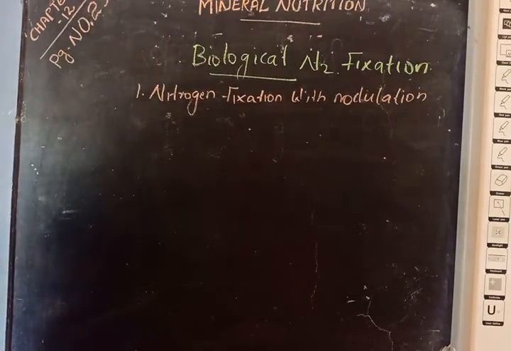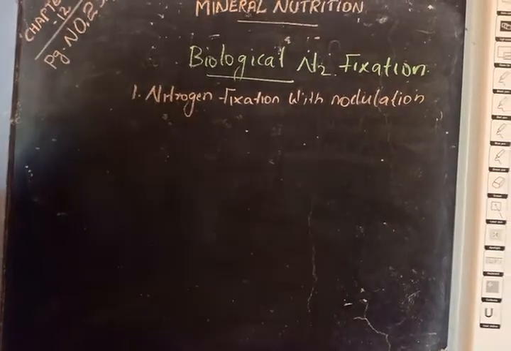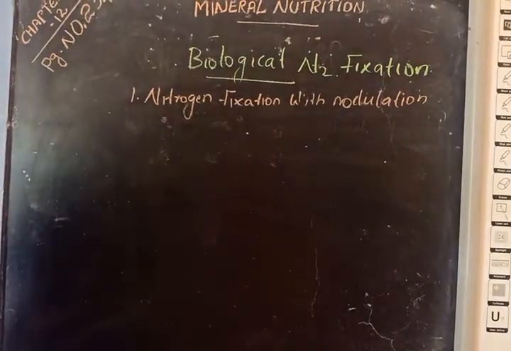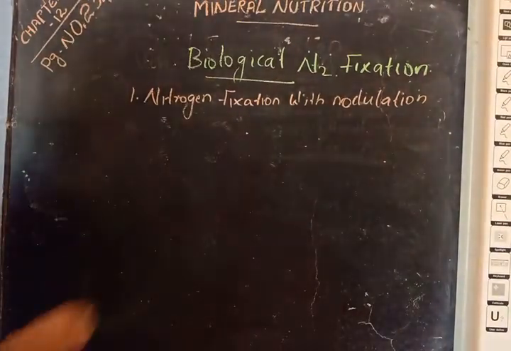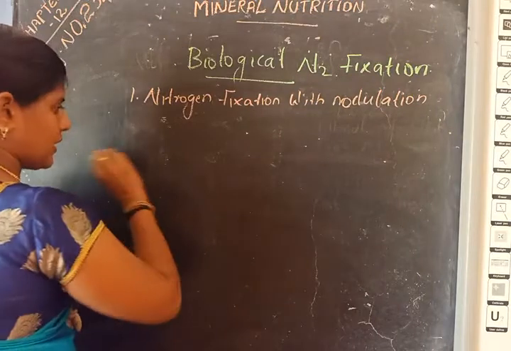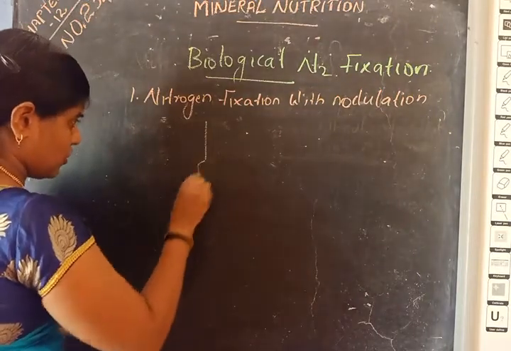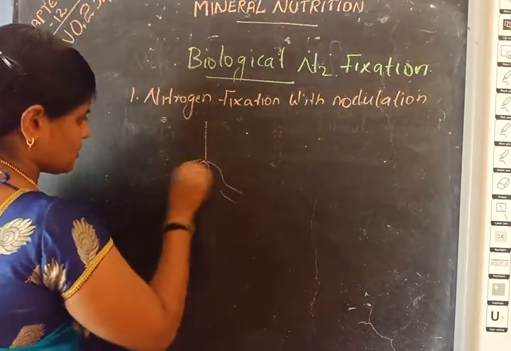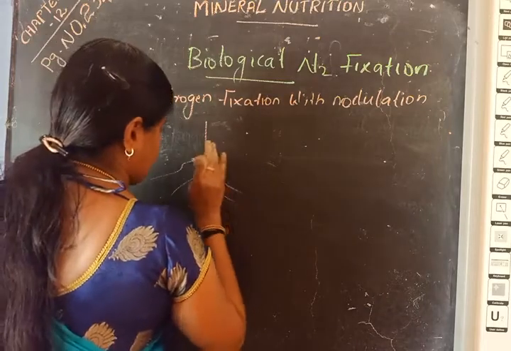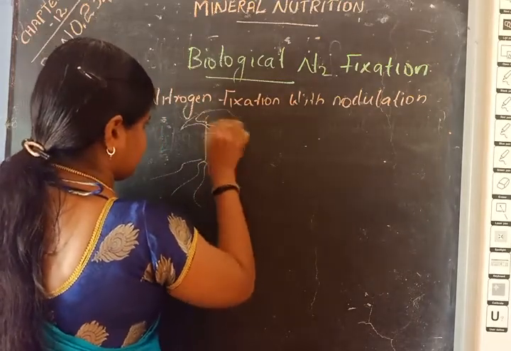What are the stages of root nodule formation? First, the legume plants. Actually, the Rhizobium is somewhere in the soil, and this is the plant.